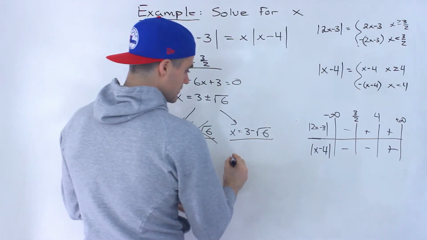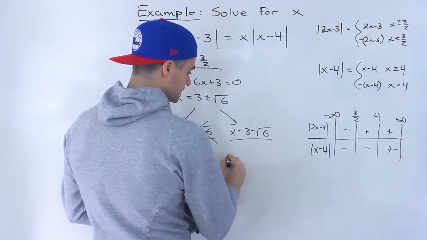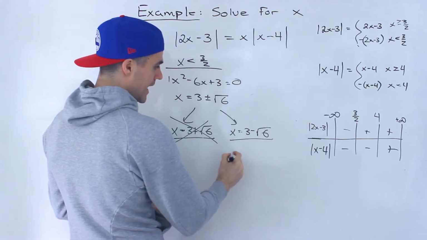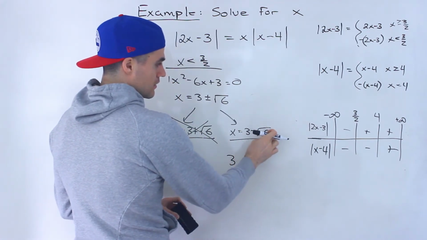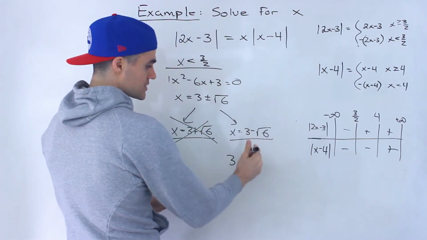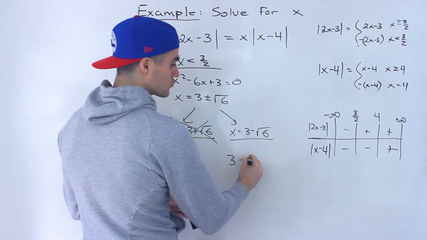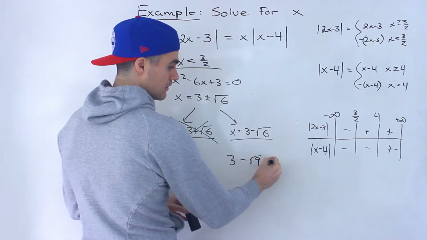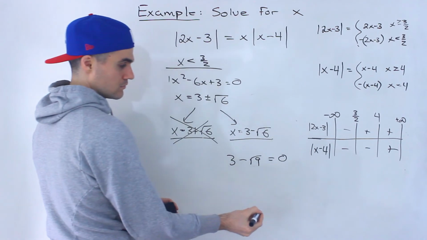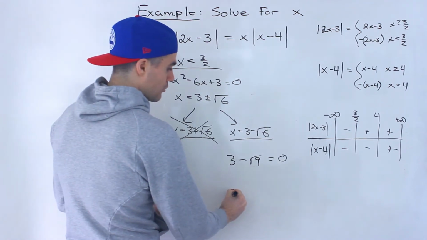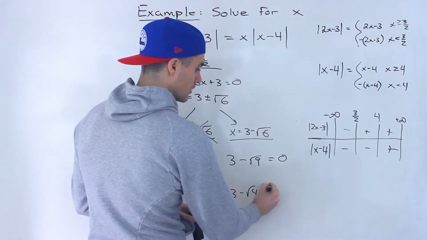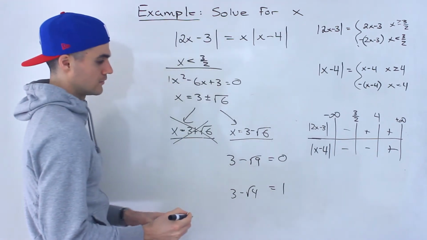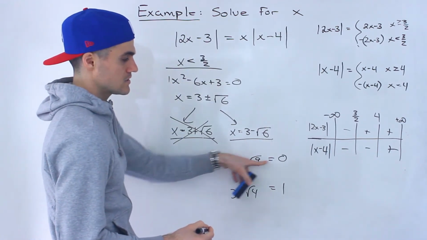It's kind of tough to see, but what you can do is you can take the perfect square numbers that are closest to this. So notice 3 minus root 9 would be 0. And then 3 minus root 4 would equal 1. Right? Root 9 is 3. 3 minus 3 is 0.